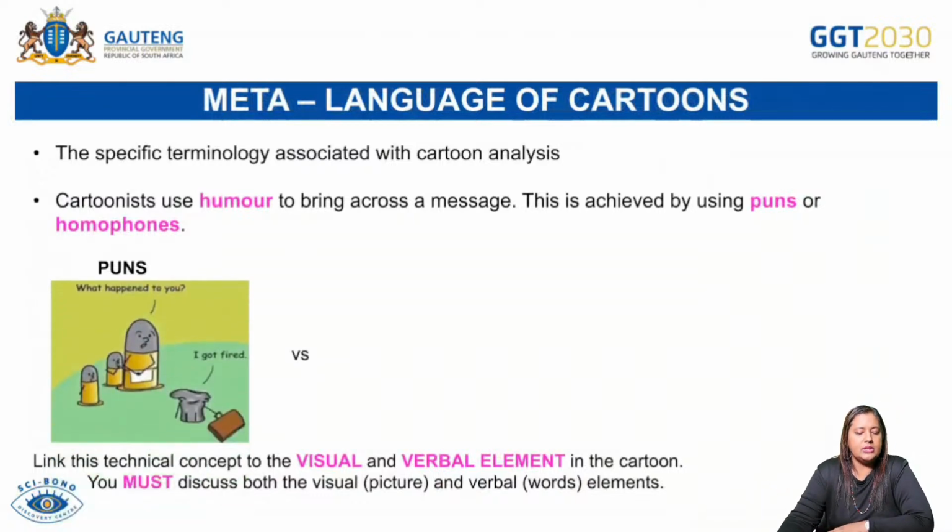So when dealing with puns, for example, remember everything in the cartoon is meant to create a light-hearted effect. With puns, we have that play on words. There's an example of a bullet that has been drawn, or a group of them, sorry.